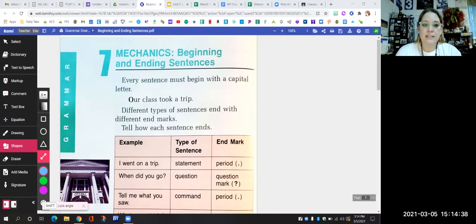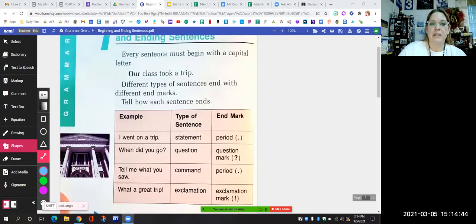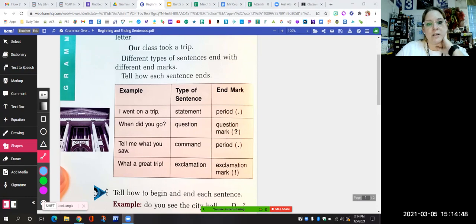We know that different types of sentences end with different end marks. So we're going to tell how each sentence ends. The example sentence, I went on a trip, is a statement or a declarative sentence, and it ends with a period.